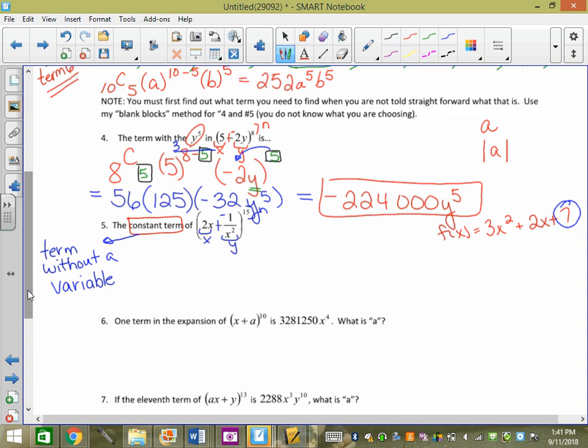So I'm going to get 15c, box, 2x to the 15 minus box, negative 1 over x squared to the box.